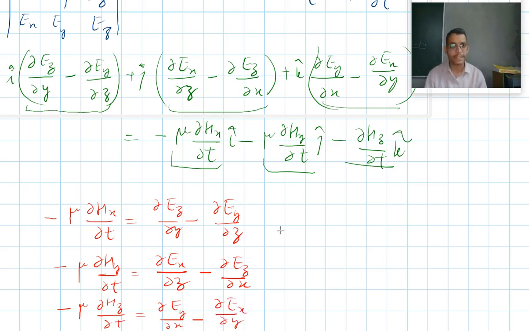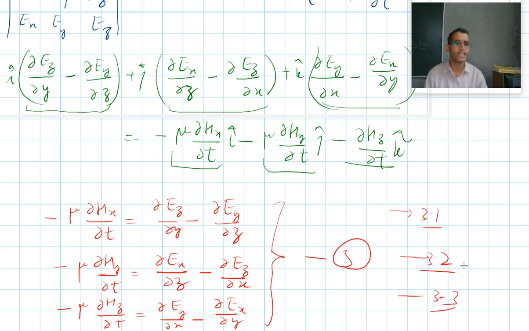That's what we are getting here. And let us call this equation number 3, and say this is 3.1, this is 3.2, and say this is 3.3, right?